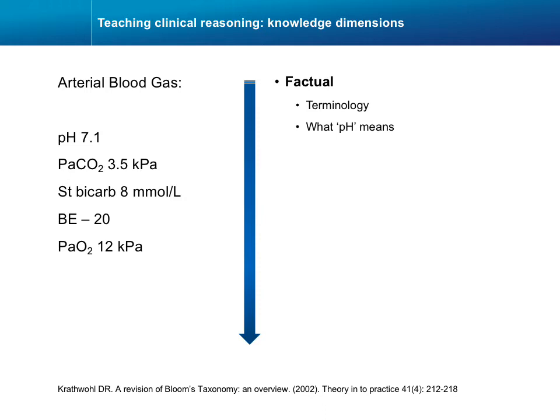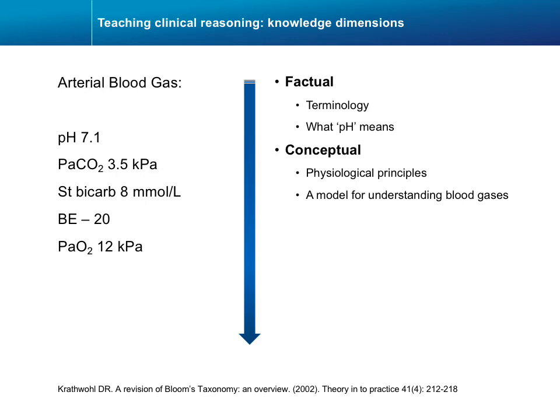What does that mean? You also need to have conceptual knowledge. That's how all these different things fit together. An understanding of physiology, a model for understanding blood gases. You need procedural knowledge, how to go about something, how to read a blood gas, when to take a blood gas sample.